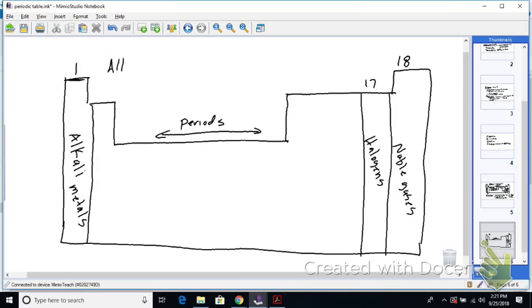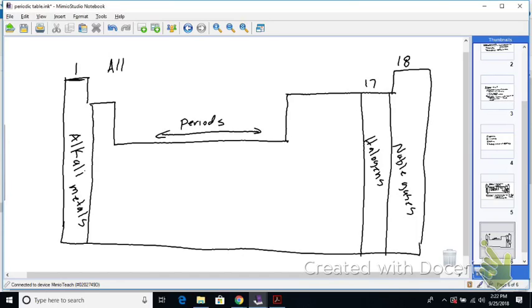Period 2 starts with lithium and goes all the way over to neon. That's period 2. There's 8 elements in period 2. Period 3, there's 8 elements. Period 4, there's 18 elements. And then if you get down to periods 6 and 7, there's 32 elements in those two. So it goes 2, 8, 18, 32. Period 1 would be the first row. Period 2, the second row.